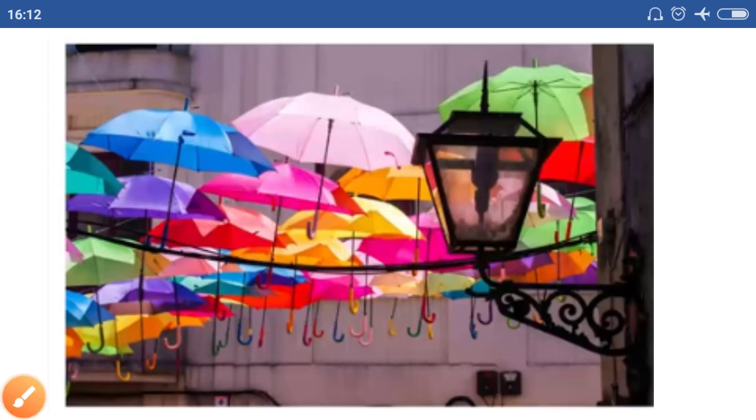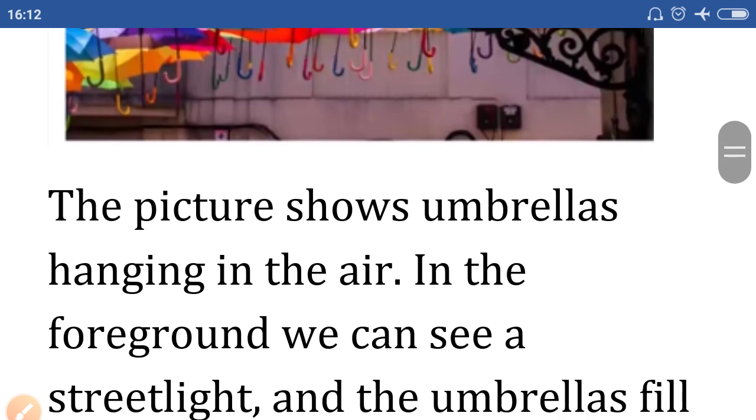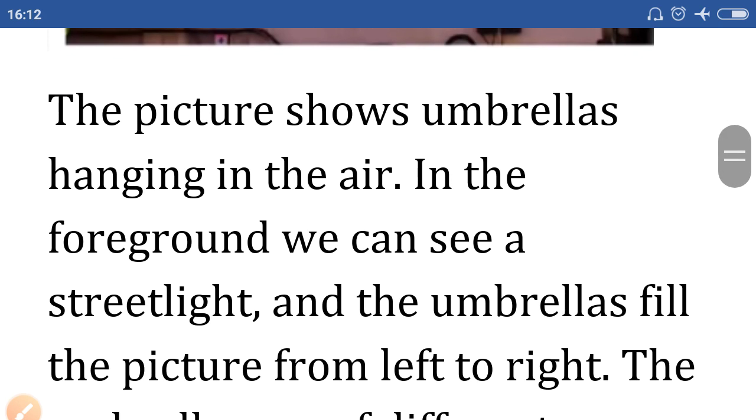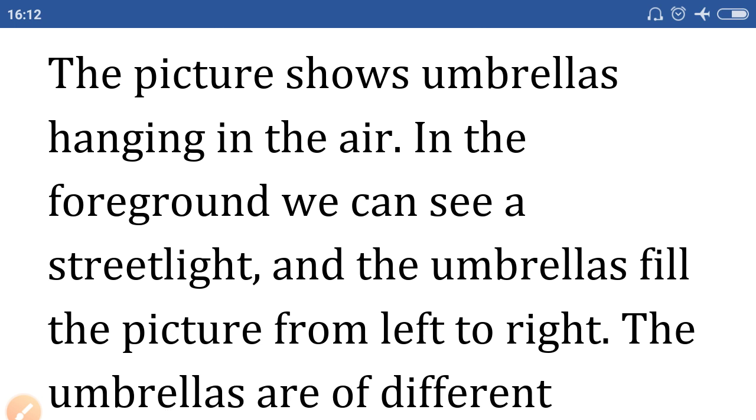So this is how we can describe the picture: what we see, what we don't see, what is in the background, what is in the foreground, what are the objects, what is the position of the objects. So let's understand it. It's just an example. Let's try to understand this picture.